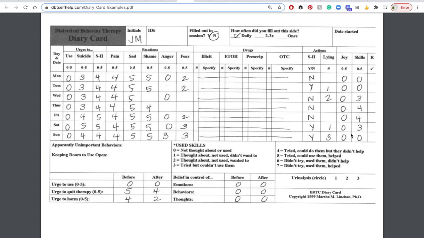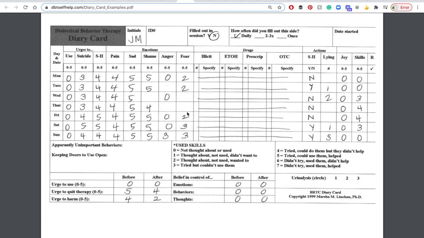As you will see, this is listed here. They also filled in some 3s and 4s. 3 is tried but couldn't use them, and 4 is tried, could do them, but they didn't help me. So once again, from a therapist's point of view, this looks like somebody is struggling quite a bit, and potentially the end of the week might be a little bit more difficult than the beginning of the week.